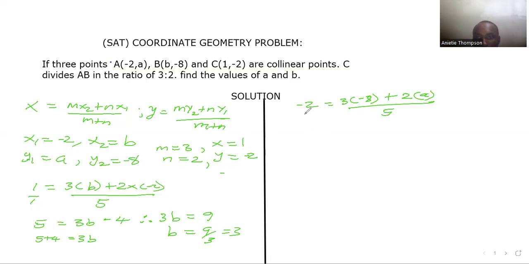So we cross multiply here, and you have that -10 equals -24 plus 2a.